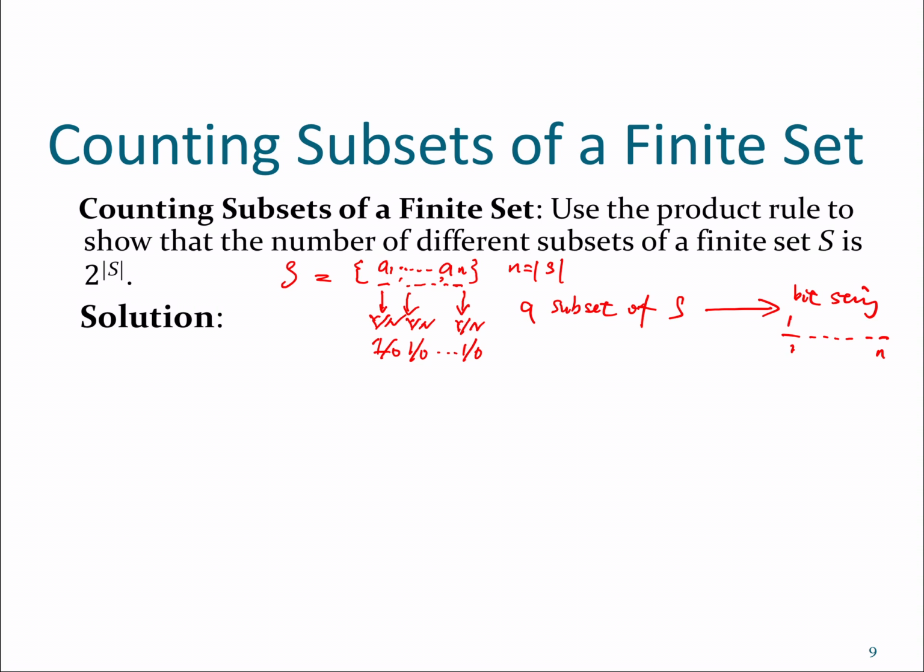If it is 1 on the position, then the element is included, otherwise it is not included. So there is a one-to-one correspondence between the set of bit strings and the subsets of capital S.